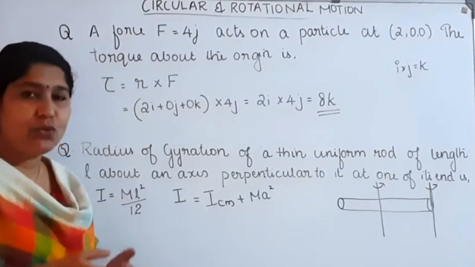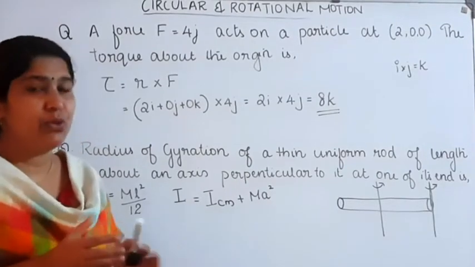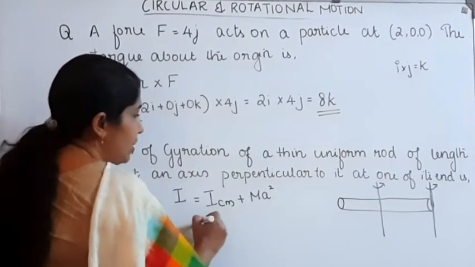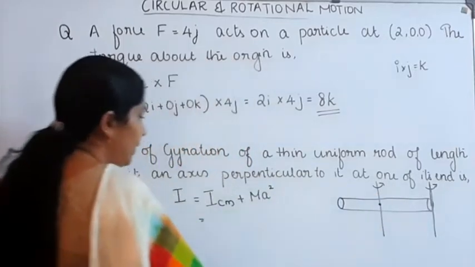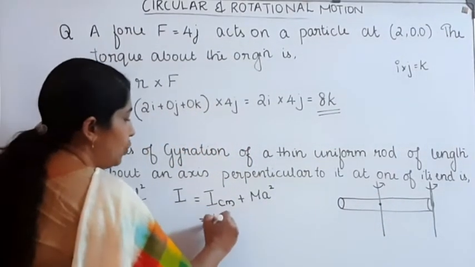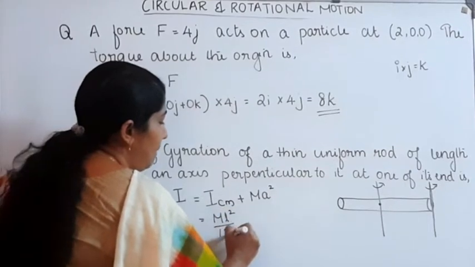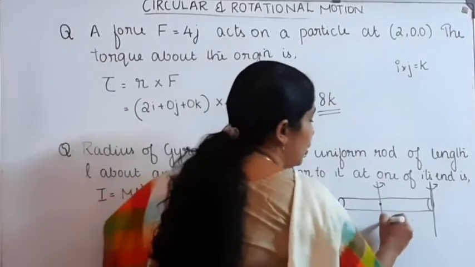ICM, about the axis passing through the center of mass, is ML square divided by 12, plus M into A square.